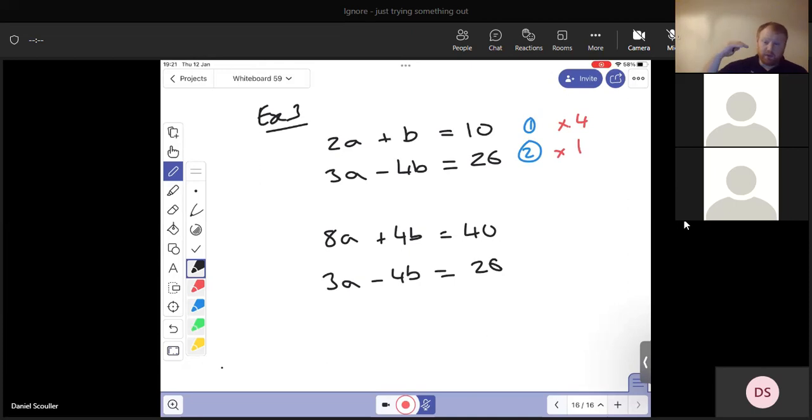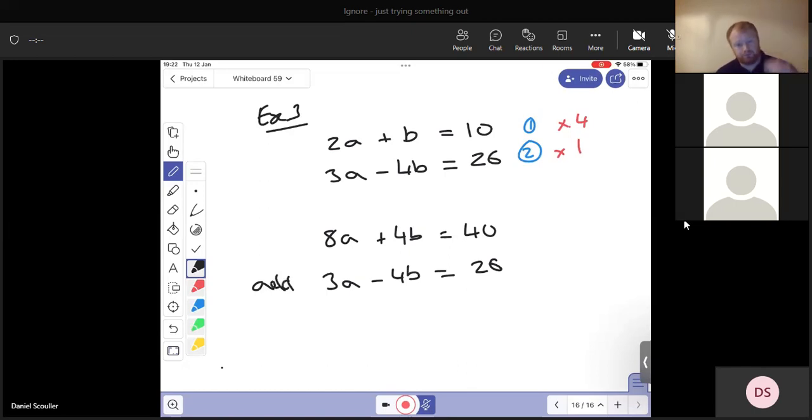That now gives me the same number in front of the b terms for equation 1 and equation 2. Now, remember we can add or subtract the bottom from the top, so we don't have to multiply by negative 4 on the top. It just means that when we come to it, we need to add these terms together.